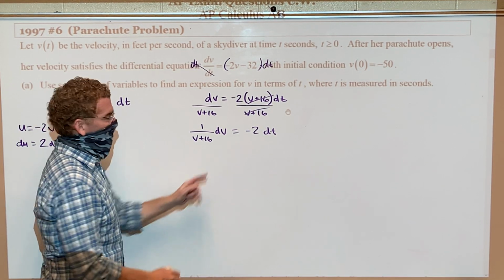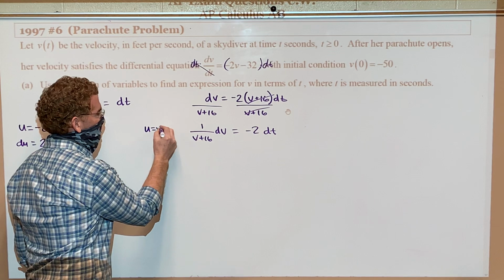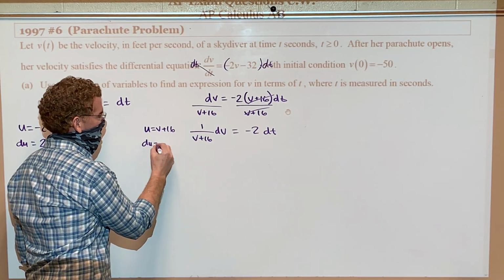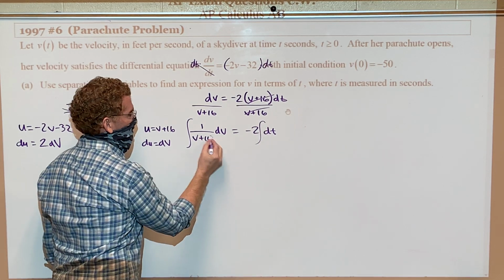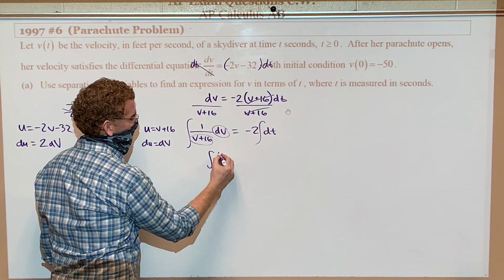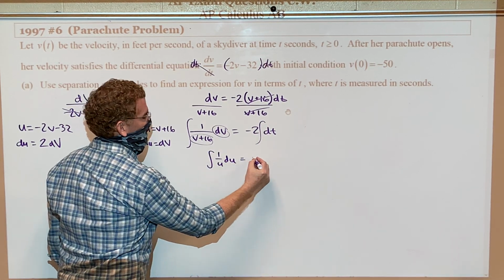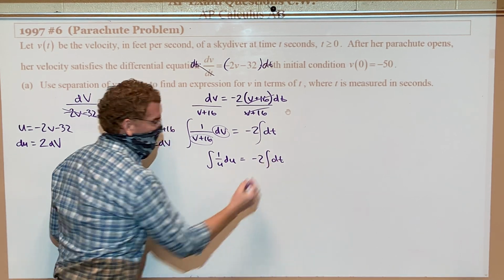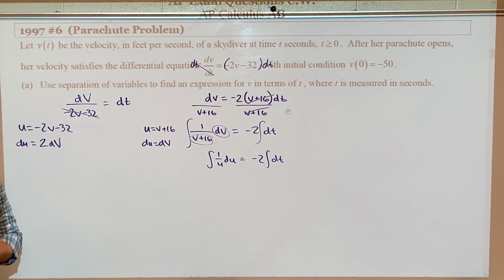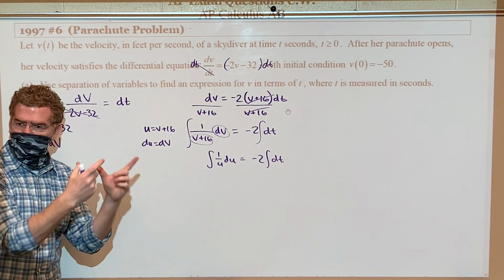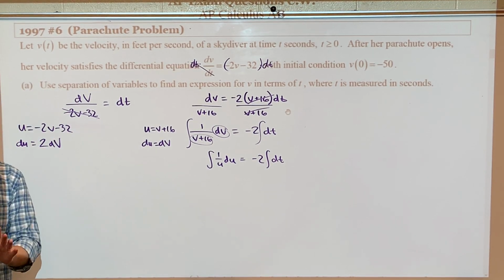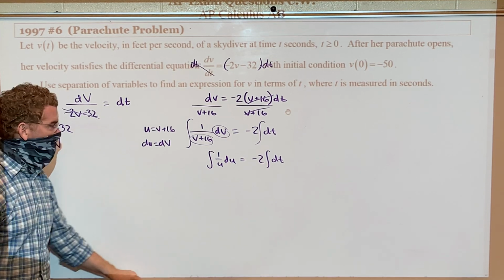But look at this. When I do u substitution here, my du is dv. So when I integrate, there's my u, there's my du. I get a nice clean integral with not a whole lot of other junk going on, do I? So anytime you can leave out the stuff you don't need by factoring and just dividing over what you need, you're going to be in a better place.